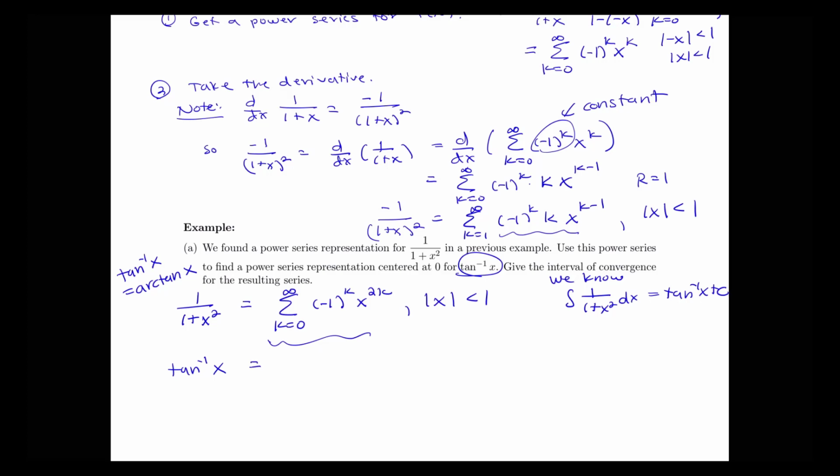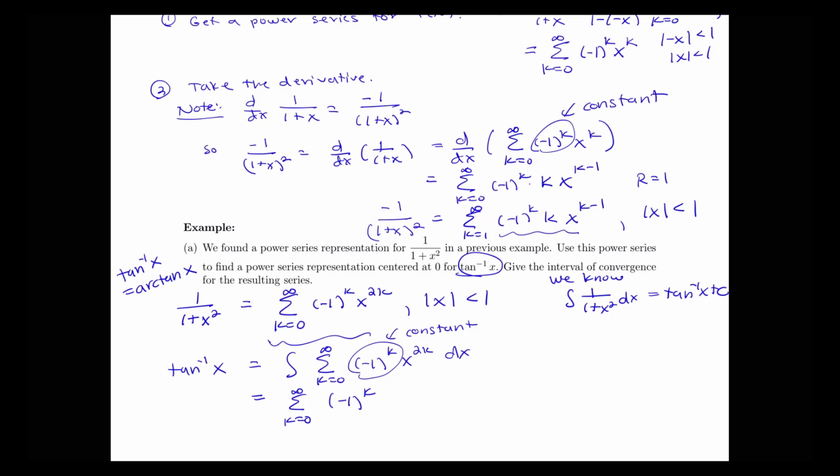This is equal to an integral then of this sum from k equals 0 to infinity, negative 1 to the k, x to the 2k dx, okay, which is equal to a sum from k equals 0 to infinity. This negative 1 to the k here is like a constant term. So I have negative 1 to the k, and then I'm going to have my power antiderivative rule on that x to the 2k.